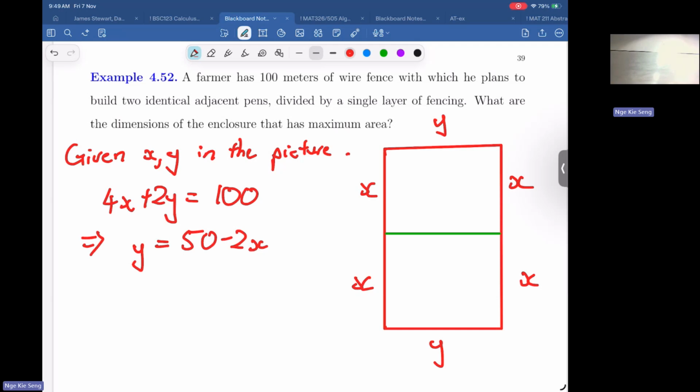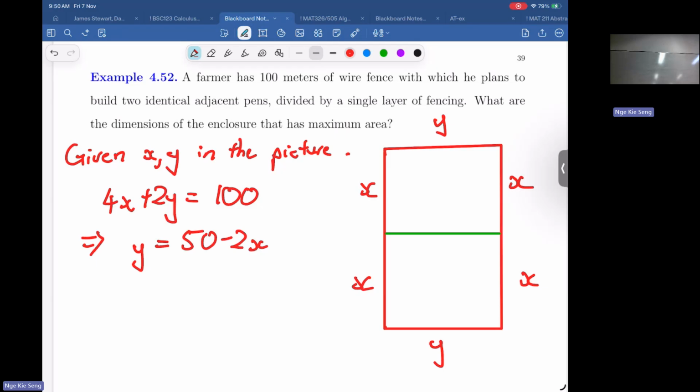This makes sense to real life, right? How much wire you put on the width should affect how long this pen could be.